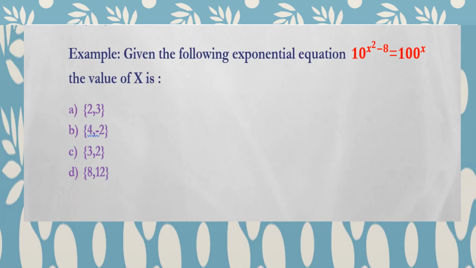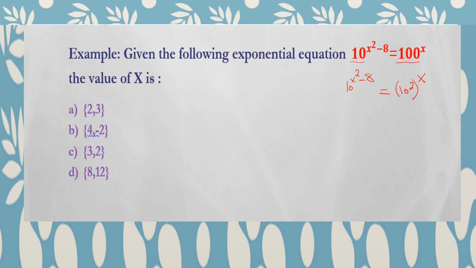Another example: given the following exponential equation, 10 power x squared minus 8 equals 100 power x. We have first to equate the bases. We have here the base for the left hand side equals 10, and the base of the right hand side equals 100. And 100 means 10 power 2. So 100 power x means 10 squared, all to the power x.